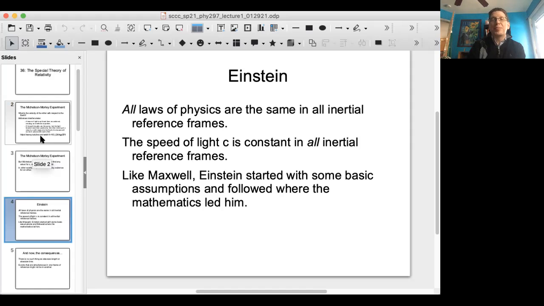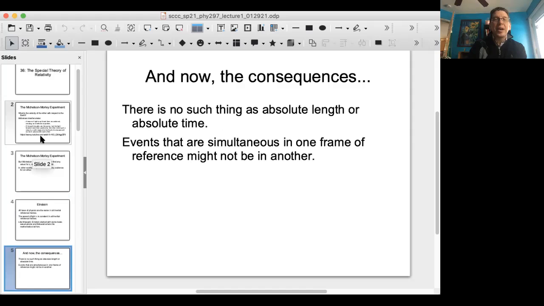He made the assumption: what if the speed of light is constant in every reference frame? No matter how you're looking at the speed of light, you get the exact same result. He then followed where the mathematics led him, which is basically the same approach Maxwell took, and it enabled him to draw some very profound conclusions.